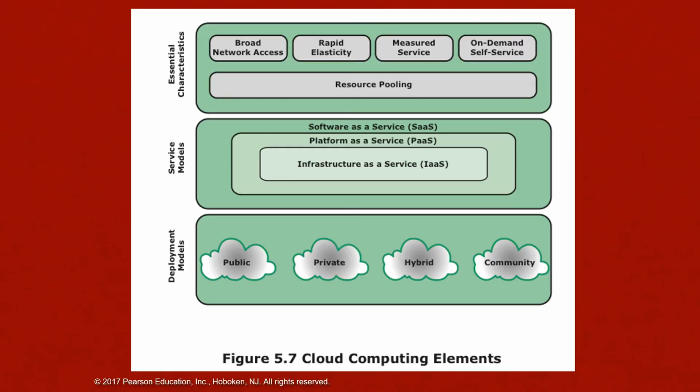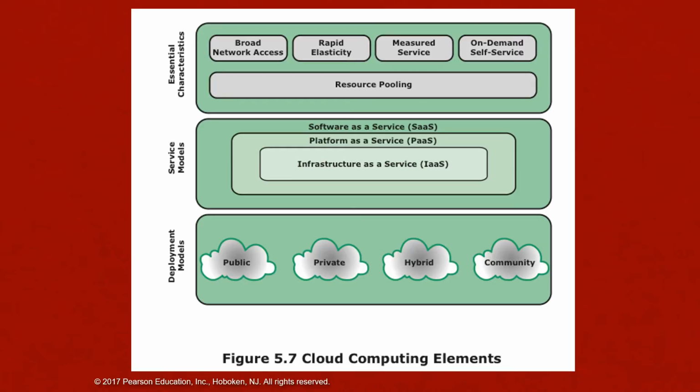Measured service. Cloud systems automatically control and optimize resource use by leveraging a metering capability at some level of abstraction appropriate to the type of resource. For example, for storage, processing, bandwidth, and active user accounts. Resource usage can then be monitored, controlled, and reported, providing transparency for both the provider and consumer of the utilized service.